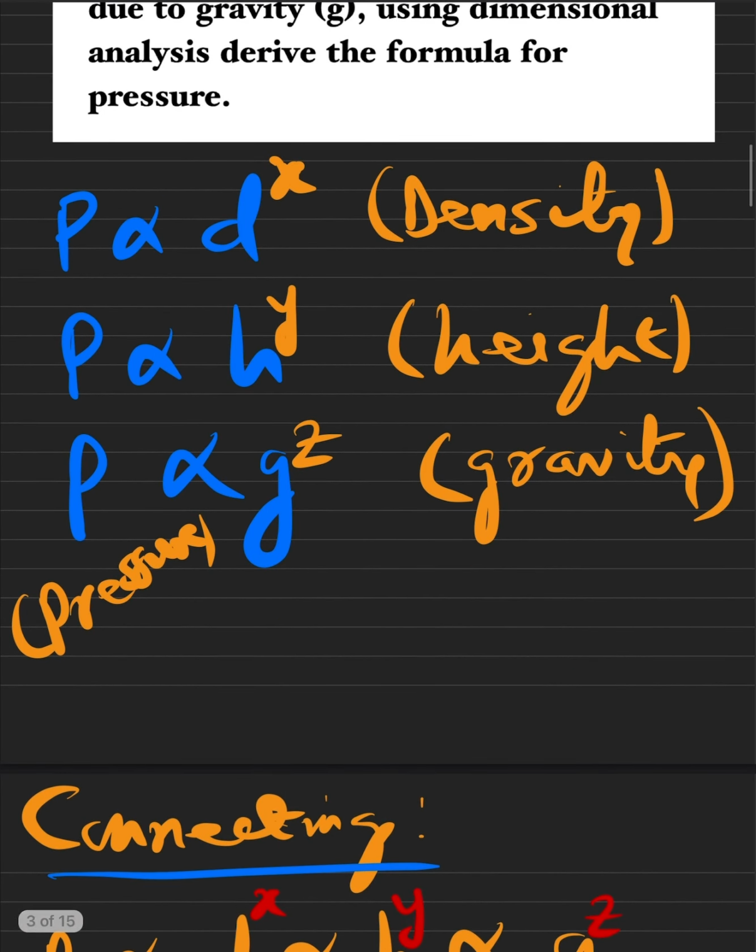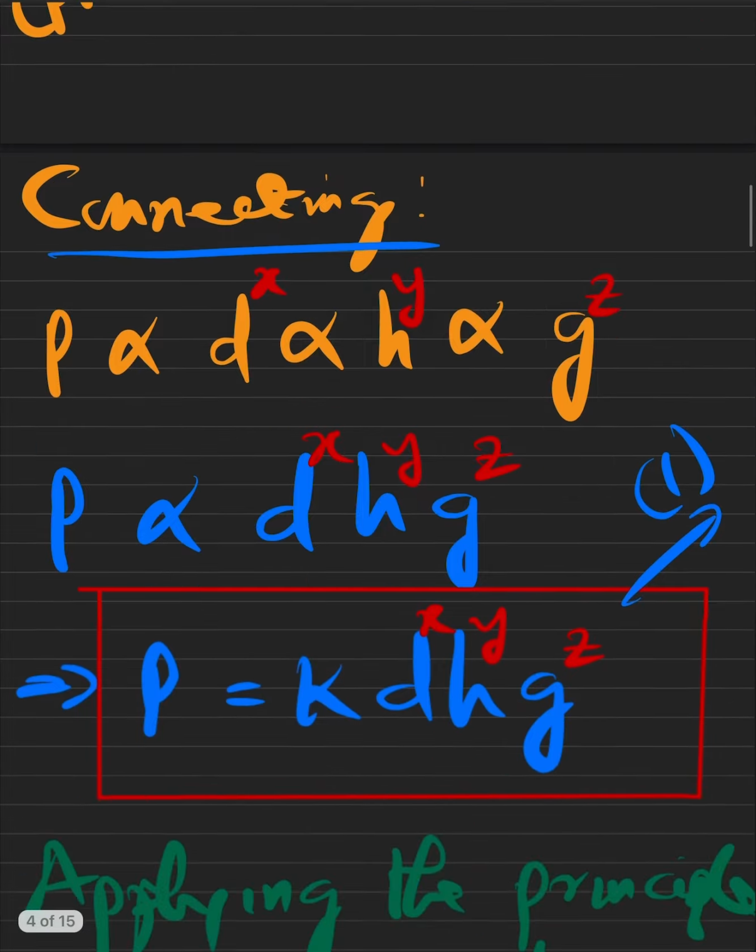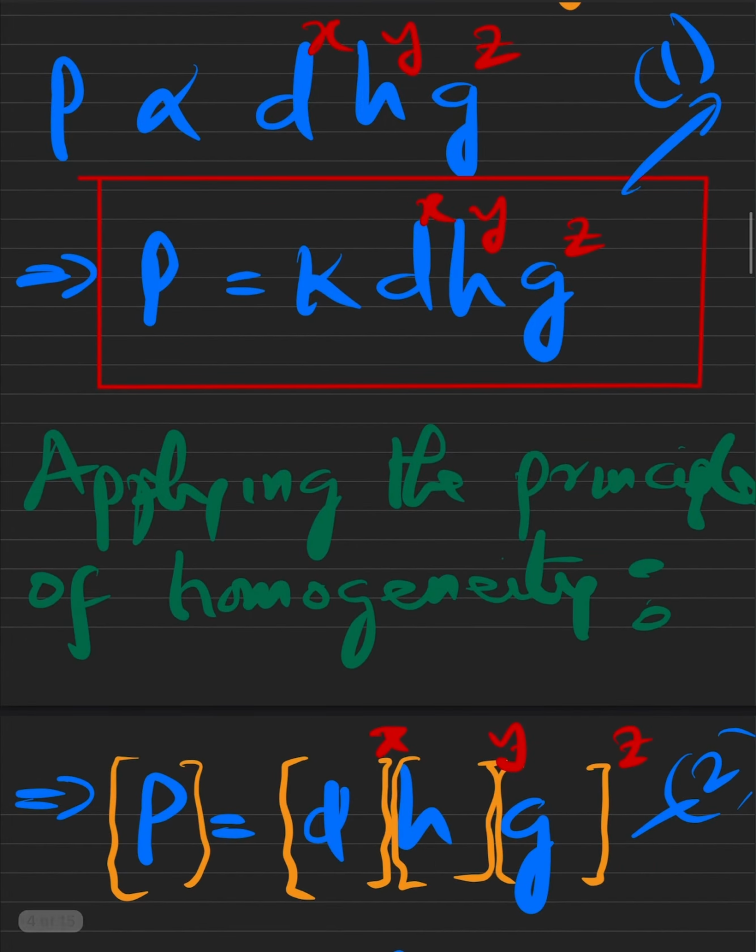This is where we talked about the relationship between those and the pressure. And this is the equation I'm talking about, equation 1, right? So it is this equation that we are going to work with. That particular equation is what we are working with, right?